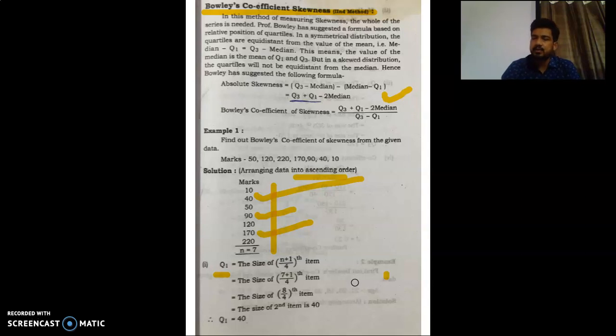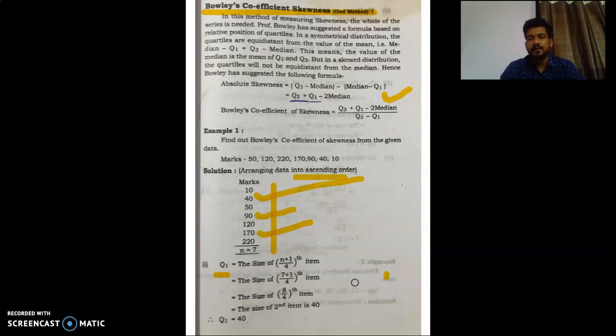As I told you earlier, I distributed the lectures on Bowley's coefficient of skewness into three lectures. The first lecture is devoted to individual series, the second to discrete series, and the third, the last lecture of our unit number 3, is on continuous series.